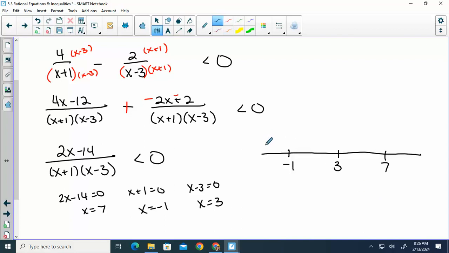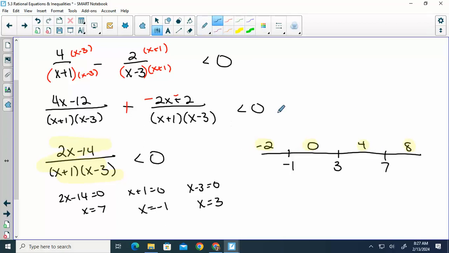Numbers smaller than negative 1. In between negative 1 and 3. Bigger than 3. Or sorry, in between 3 and 7. So 4, 5, and then bigger than 7, maybe an 8. So we're putting those in here.